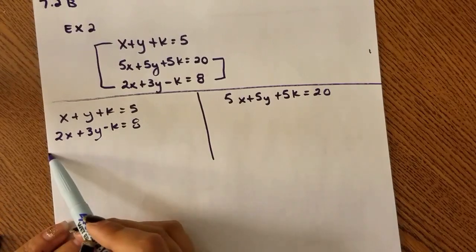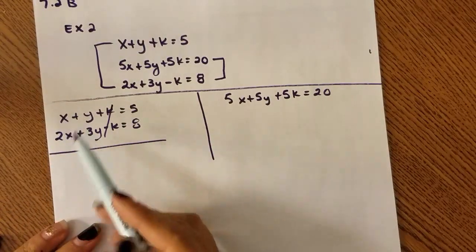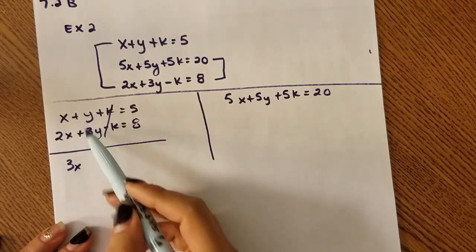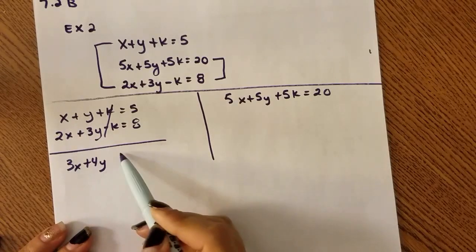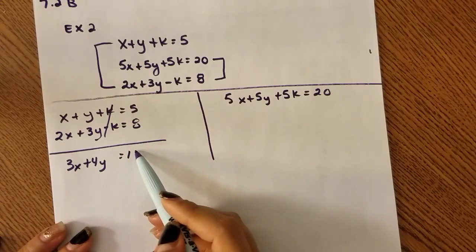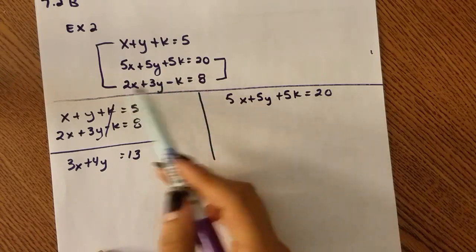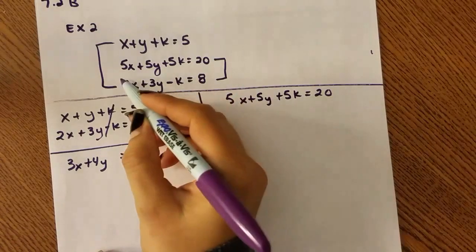So let's go ahead and eliminate here. Those are going to cancel. 1 plus 2 is 3x. 1 plus 3 is 4y. 5 plus 8 is 13. Okay. Here, I'm going to have to multiply this whole thing by 5.